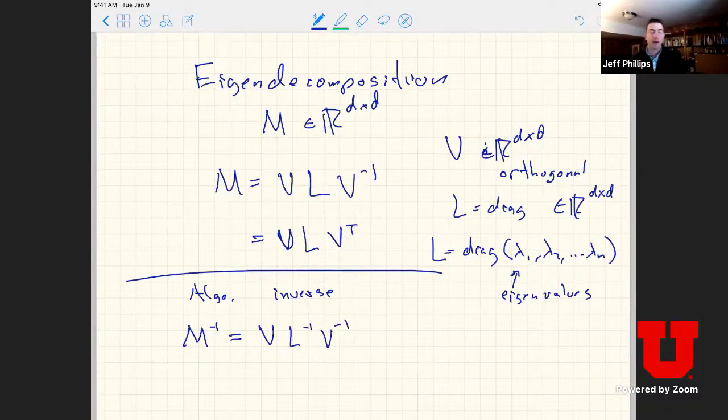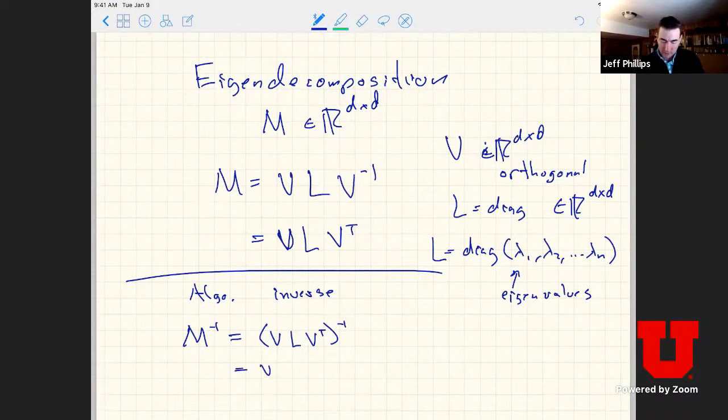So the inverse of a matrix which is a product, let me write this out in 2 steps. This is V, L, V transpose inverse. And again, like a transpose, I'm going to swap the order of operations and take the inverse of everything. But the inverse is the transpose again.